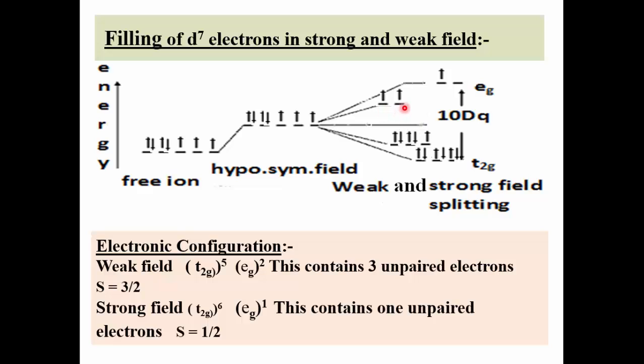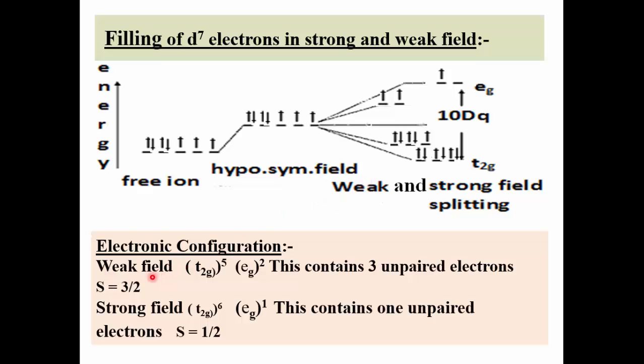Fifth electron also enters into Eg orbital. And this is the sixth electron, pairs up in T2g orbital. Also 7th electron pairs up with second electron in T2g orbital. Hence in T2g orbital there are 5 electrons, and in Eg orbital there are 2 electrons.